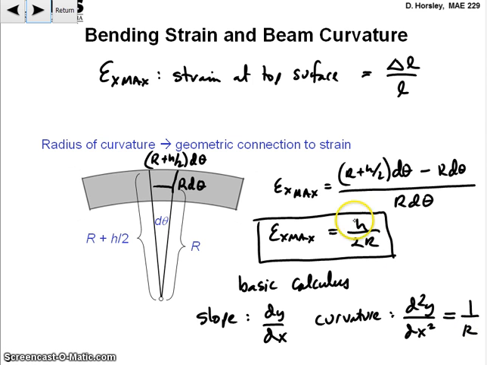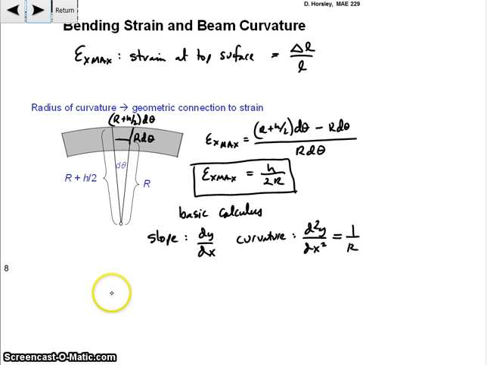So here we have this equation where we can see that epsilon x max is related to 1 over r. We could write that epsilon x max is equal to h over 2 times d squared y dx squared.